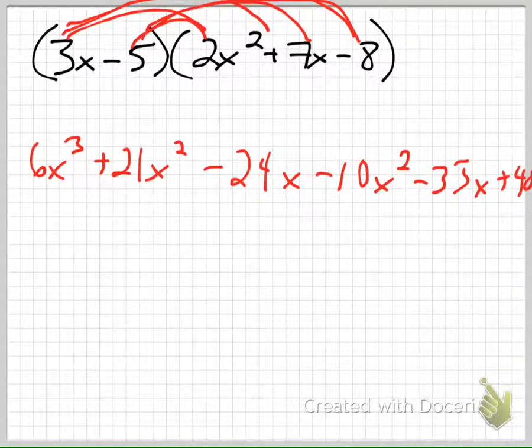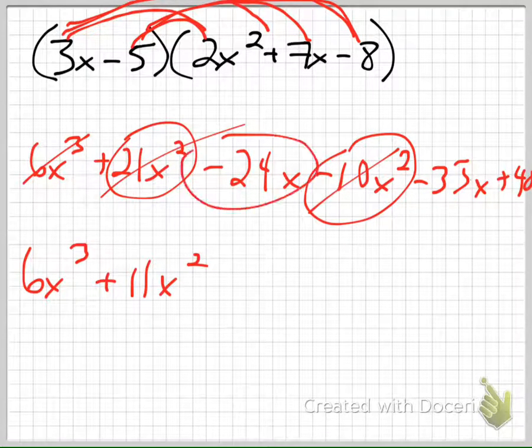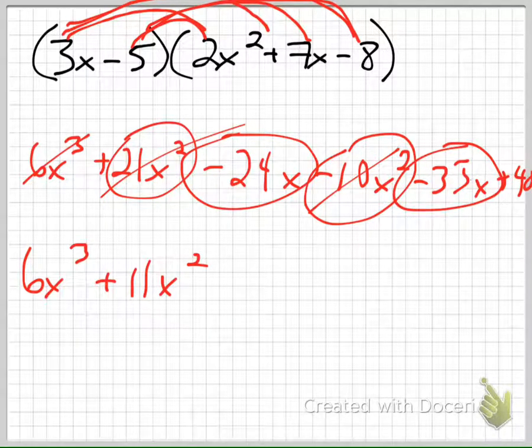Right? Combine things. Any other x to the thirds? Any other x squareds? 21x squared minus 10x squared is plus 11x squared. Negative 24x minus 35x, two negatives, right? We're putting them together. That makes us a big fat minus 59x.